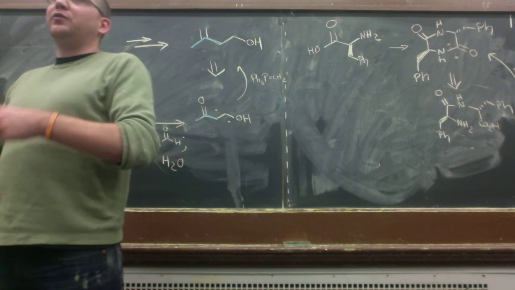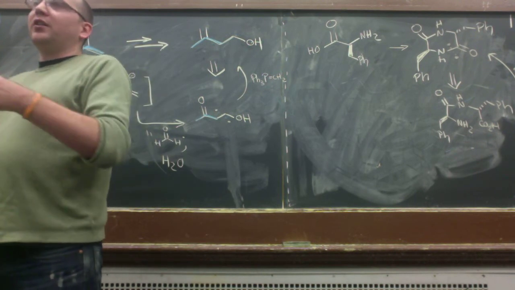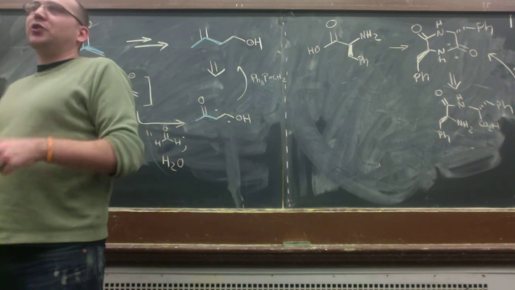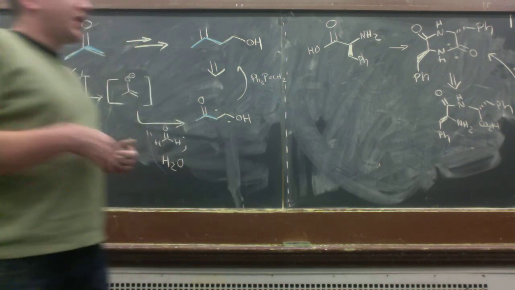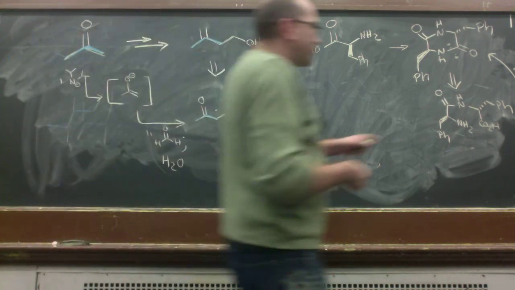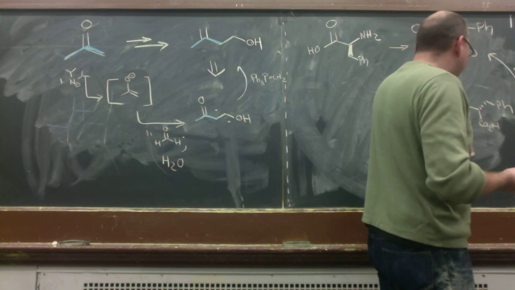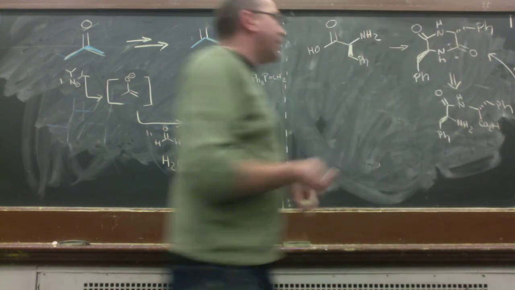So you limit the ability of the molecule to react with another version of itself by keeping the concentrations really low. So intramolecular reactions are generally easier than their intermolecular counterparts.